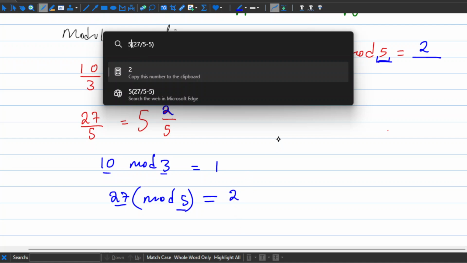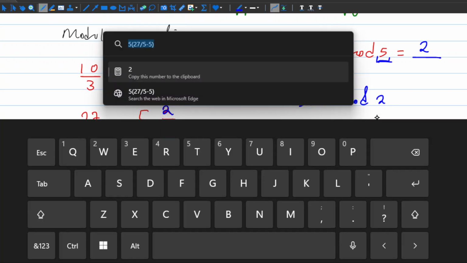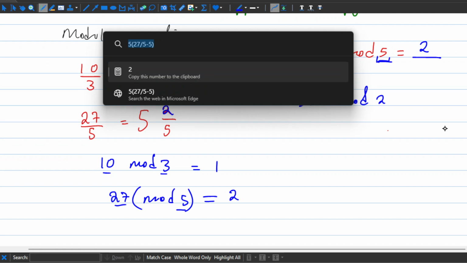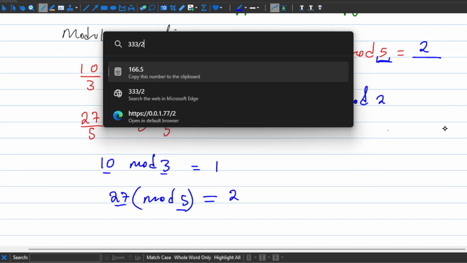Let me give you one more example, and then I can go into some properties that we'll look at. Let me say 333 mod 2. You go by the same process. You say 333 divided by 2 gives you 166.5.